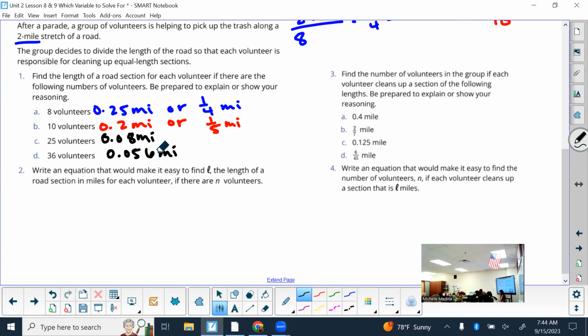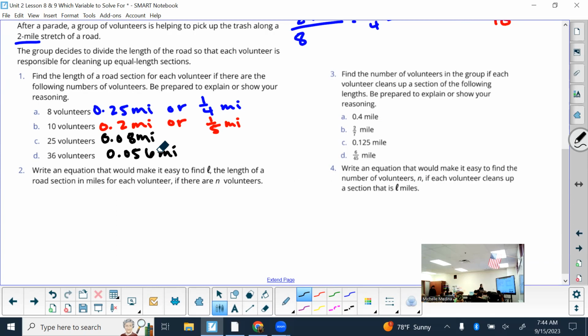All right, then for number 2, we'll do this right now, we're not gonna give time. We're gonna write an equation that would make it easy to find L, the length, which is what we already solved, of the road section in miles for each volunteer if there are n volunteers.